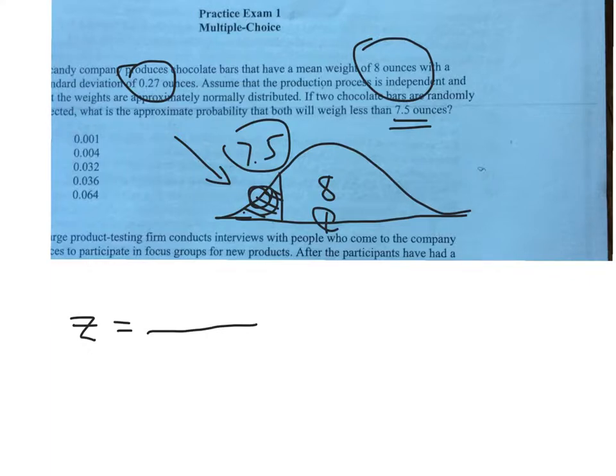So let's see. What we observe, right, minus what we expect, and that's going to be over the standard deviation, which is 0.27. What is that z-score? So there it is. This 7.5 is 1.85 standard deviations below the average.